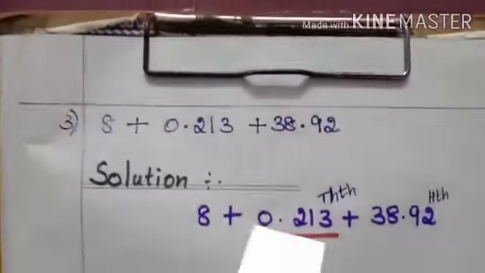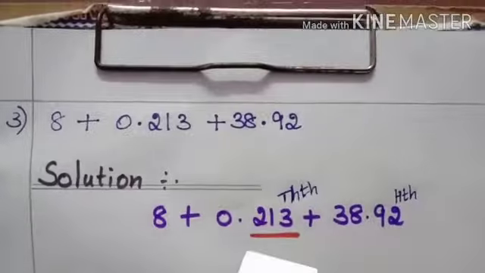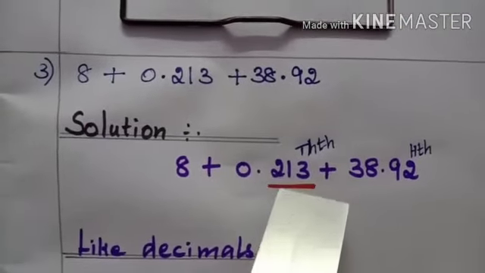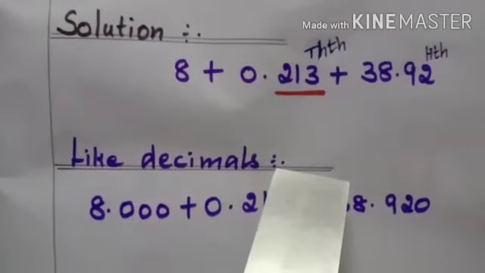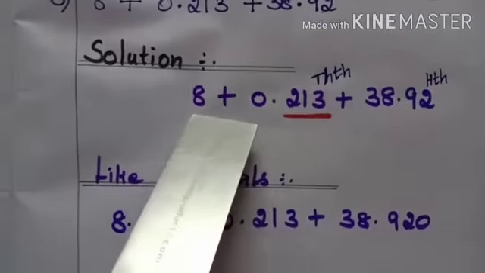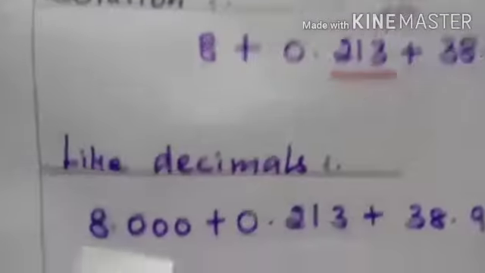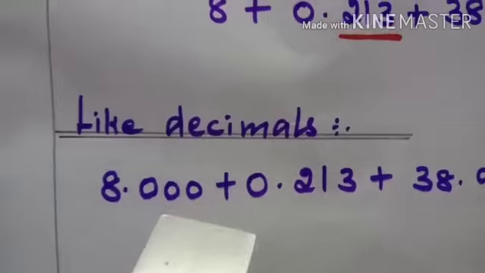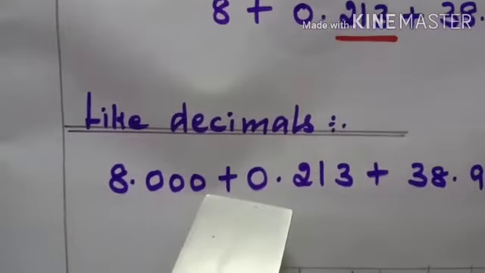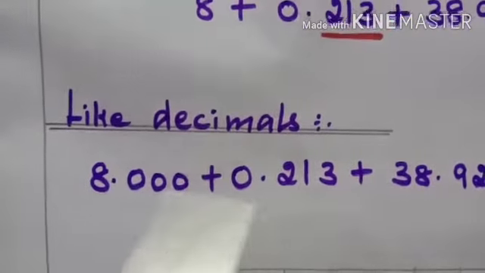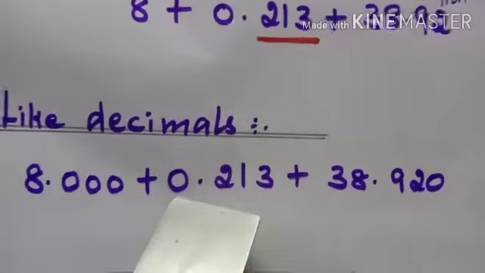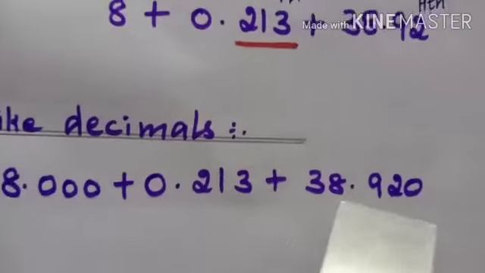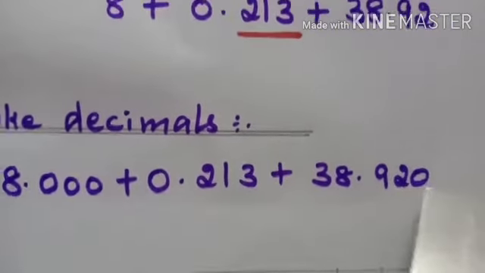Third sum: 8 plus 0.213 plus 38.92. Here the decimal places are different, so these decimals are unlike decimals. We have to convert them into like decimals. Here 8 is a whole number, so it becomes 8.000 by adding zeros at the right end, plus 0.213 plus 38.920.